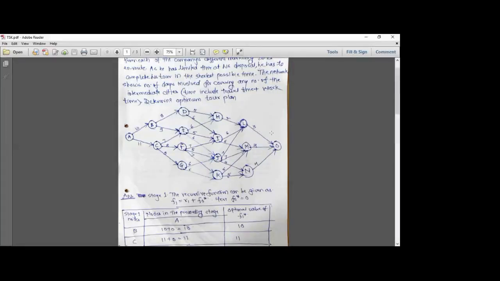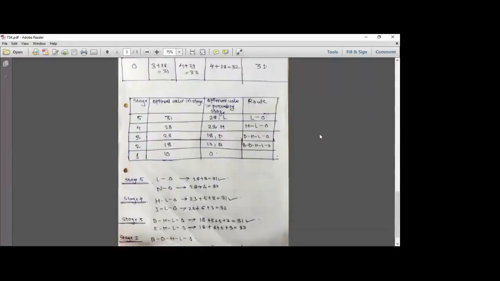Now let's go with the route EHLO. So EHLO, again it is 18 plus 6, that is 24. 24 plus 5 is 29, and 29 plus 3 is 32. So from EHLO I get the total value as 32 units, right?